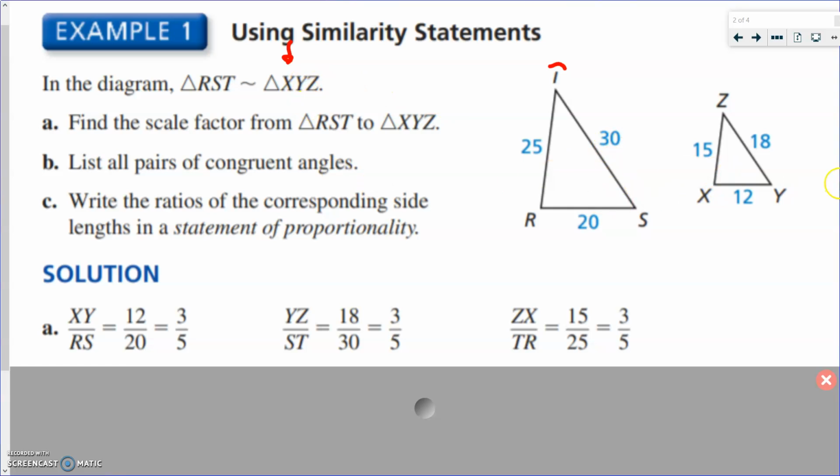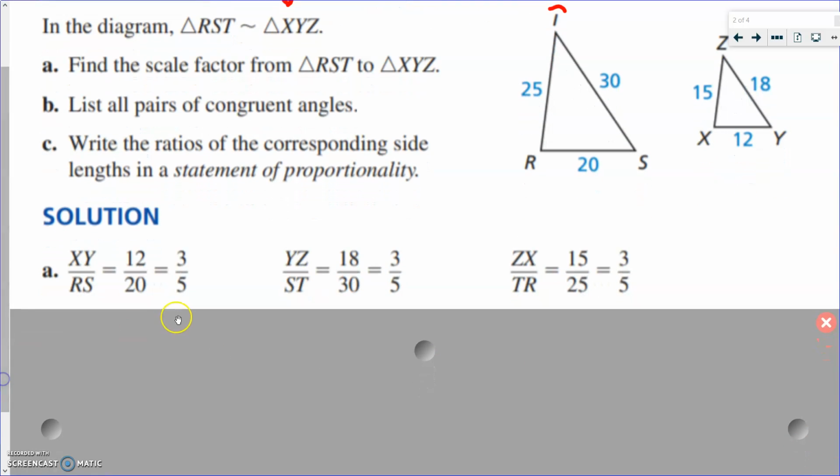YZ is 18 over ST, which is 30. If we reduce that, we always want to reduce it, which gives us 3/5. And then our last part is ZX over TR, which is 15 over 25, which gives us 3/5. So 3 over 5 is our scale factor.